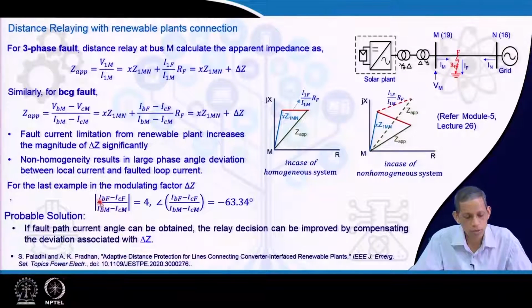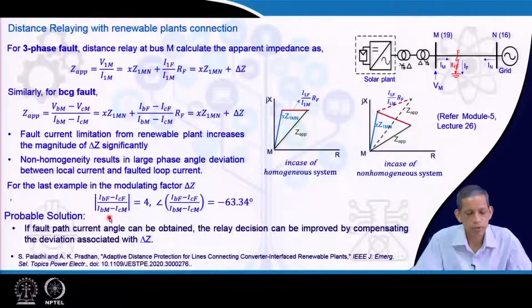So, the current ratio magnitude for the last example data becomes 4 and its angle becomes minus 63.34. So, this angle shows clearly that non-homogeneity is not maintained, and this magnitude of 4 implies that it is a large variation on the delta Z part, and that is why we are dictating on this perspective.